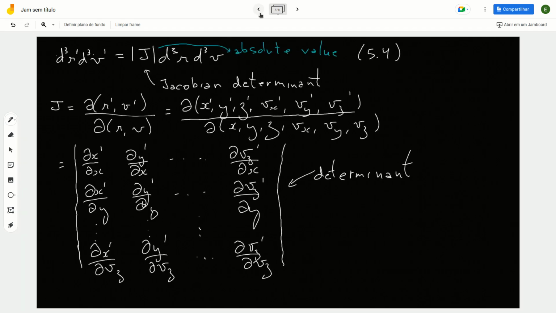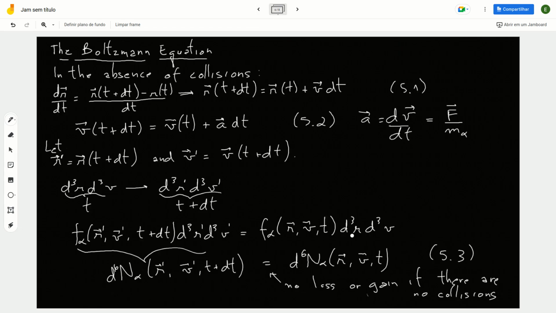Then you can rewrite 5.3, take this expression here, then we can equalize this to this. So we may just write everything in terms of this.